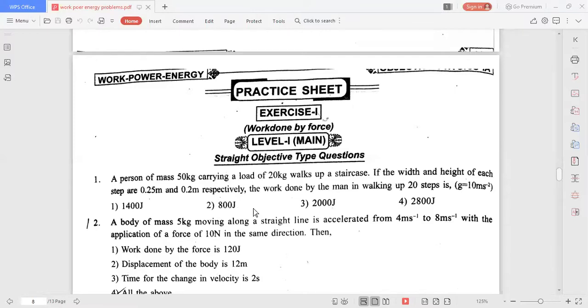In level 1, 1 to 6; in level 2, 1, 2 and 3 problems. Today you have to do these problems. Okay. Because even if I start that fifth problem, we cannot complete it within time. That's why I will stop here only.